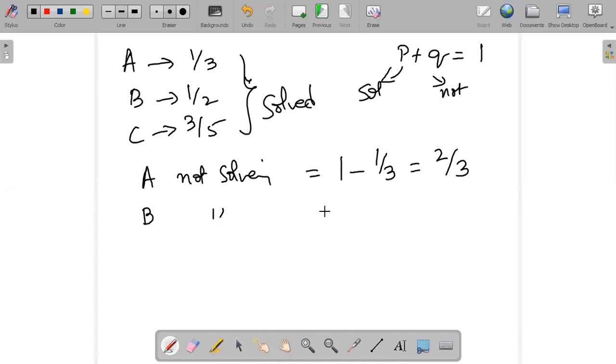B not solving is 1 by 2 and C not solving is 2 by 5. So this is of not solving.